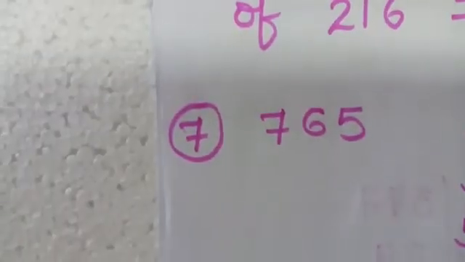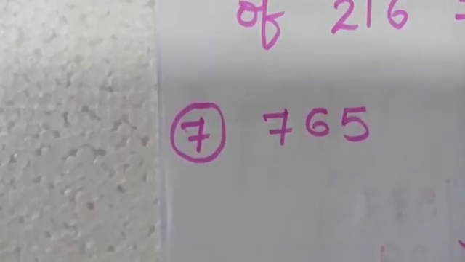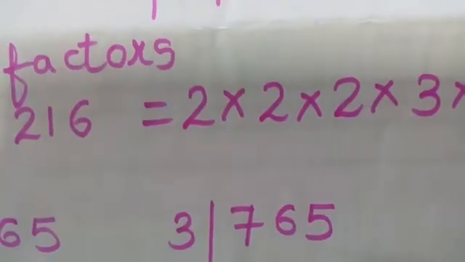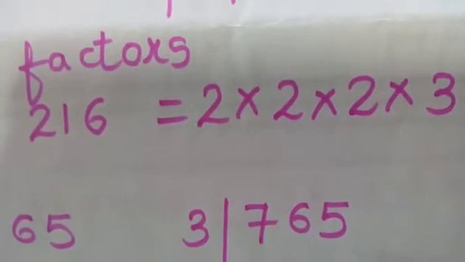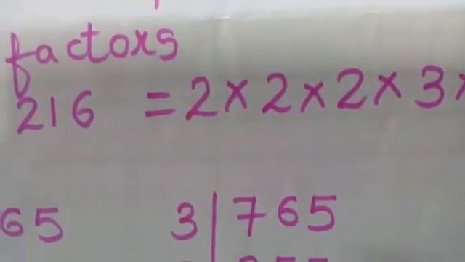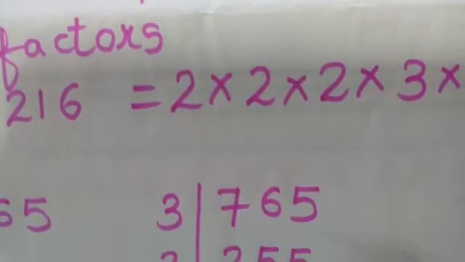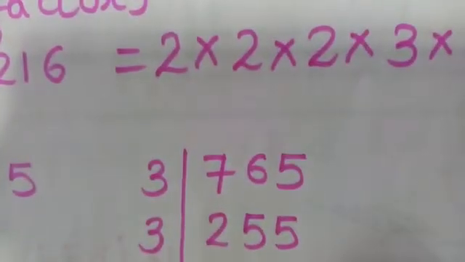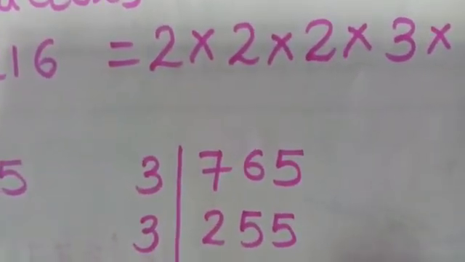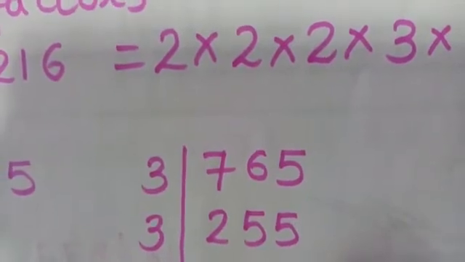Next we have question number 7, 765. 765 is divisible by 3. So we divide it by 3 and the quotient we get is 255. 255 is again divided by 3.